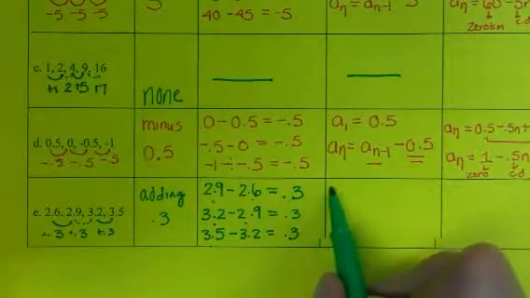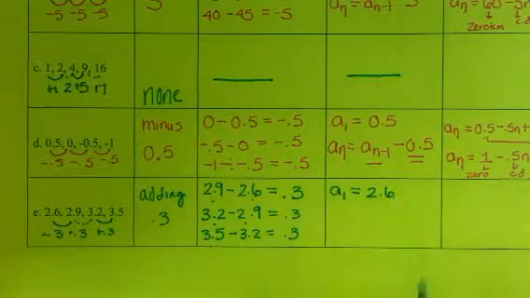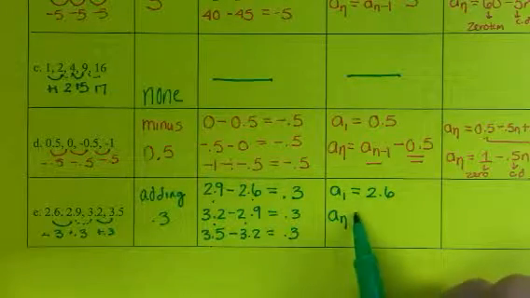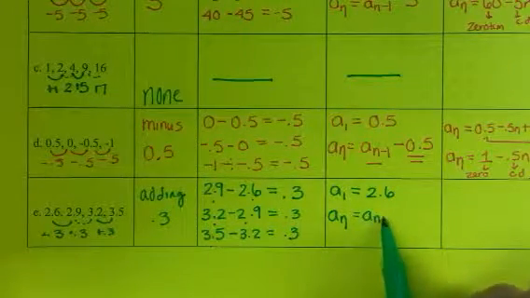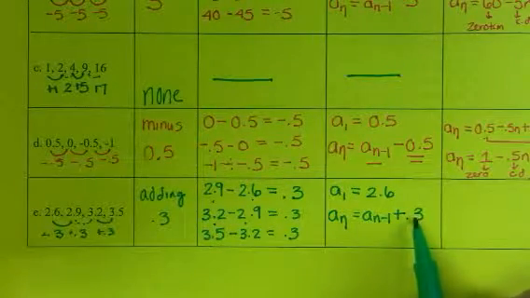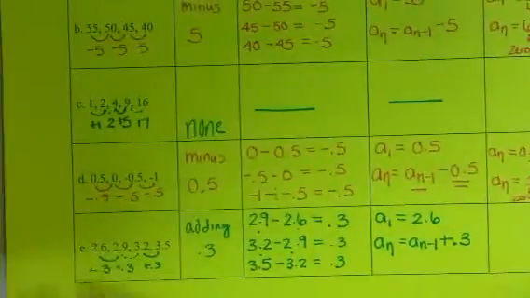So a recursive function would say a sub 1, your first term in your sequence, is 2.6. A sub n equals a sub n minus 1, so your previous term, plus your common difference, which is 0.3. Okay, let's find that zero term.